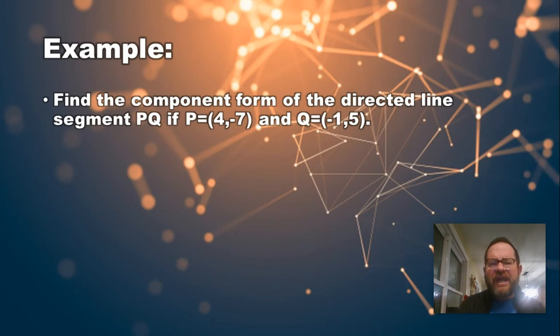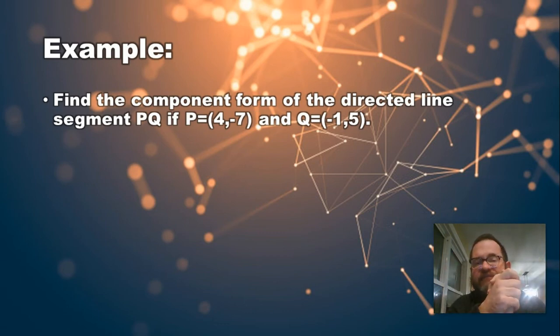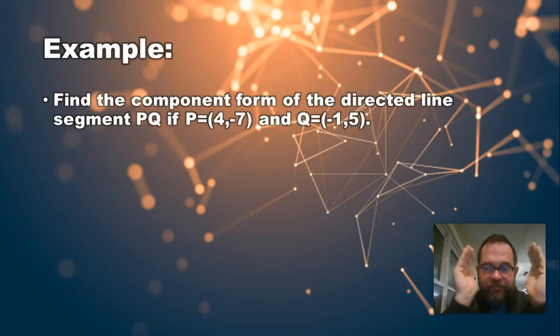All right, so we can actually work through an example. This is one of the examples in your book. I'm not sure if this is example 1 or whatever; I didn't write that down. It says find the component form of a directed line segment PQ. Again, in PowerPoint it was hard to make that PQ with an overline. P is a point, so I use parentheses here. It's at the point (4, -7), and Q is at the point (-1, 5).